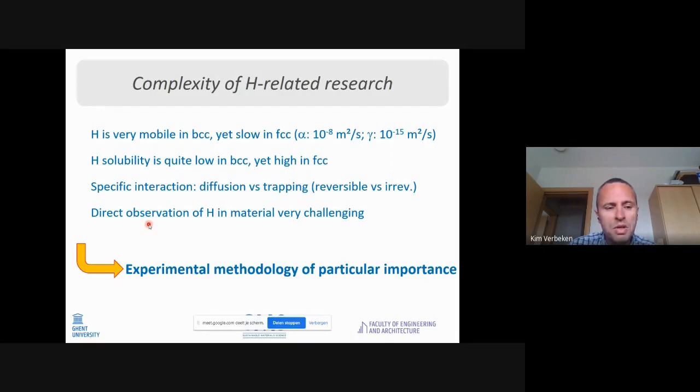So it allows you to have some direct observation of hydrogen, but on a very limited amount of material. All these features imply that it's extremely important that when you do experiments, you do this via a very specific experimental methodology. I will show you some examples of how, with careful experimental work, you can elucidate some of the features related to hydrogen.